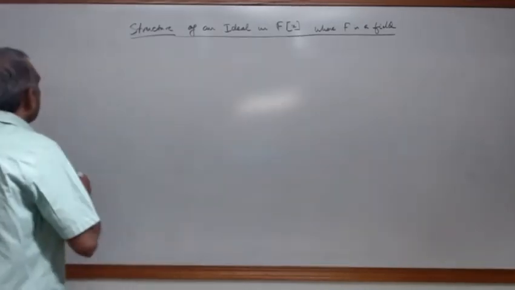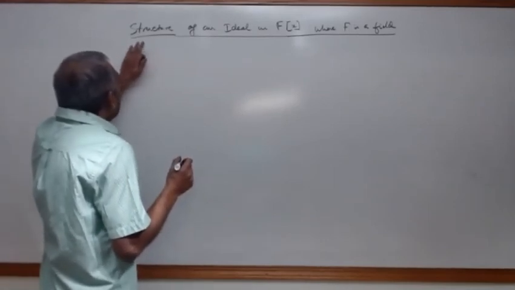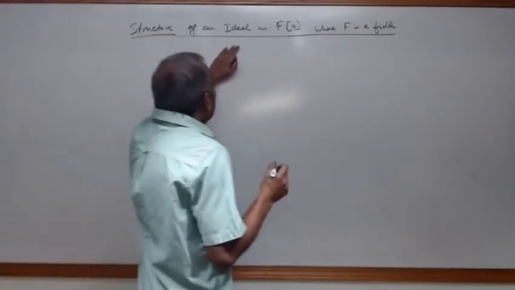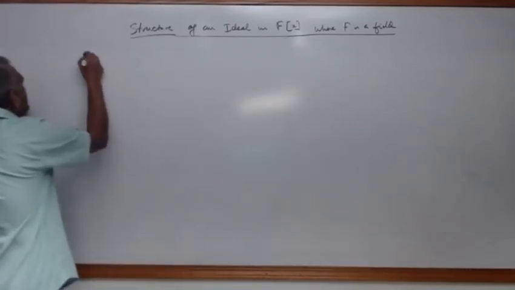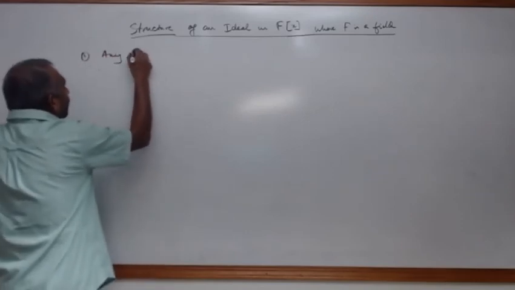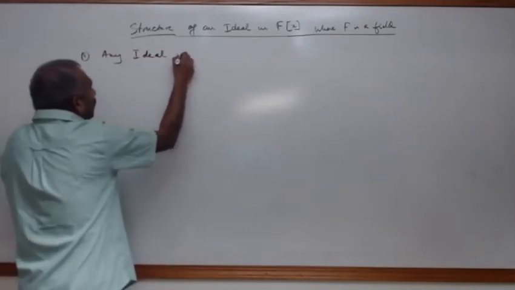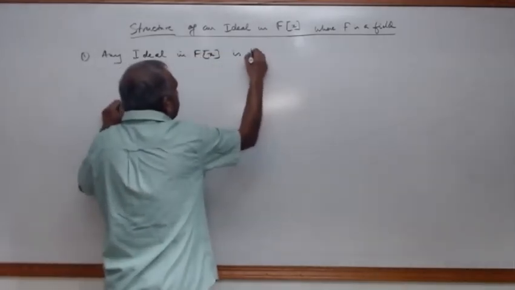Now we have two important results, or important properties of an ideal in F[x]. The first property is any ideal in F[x] is principal.